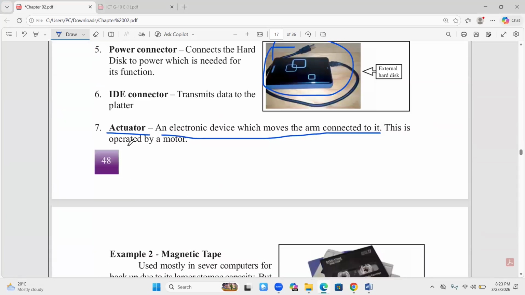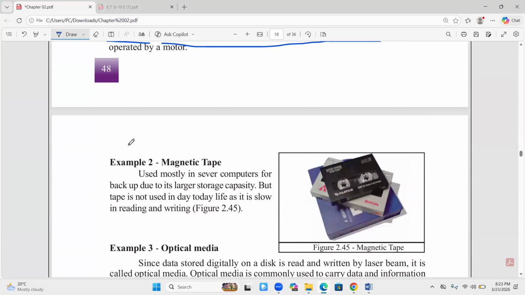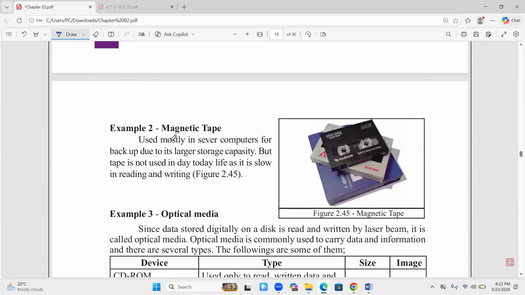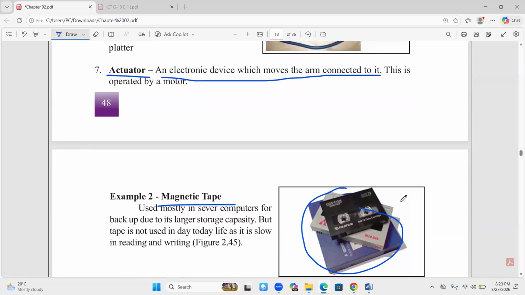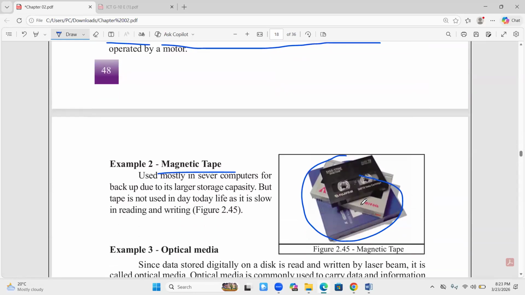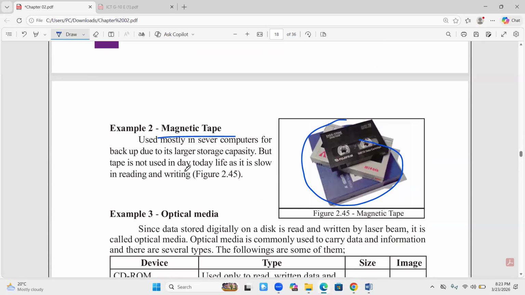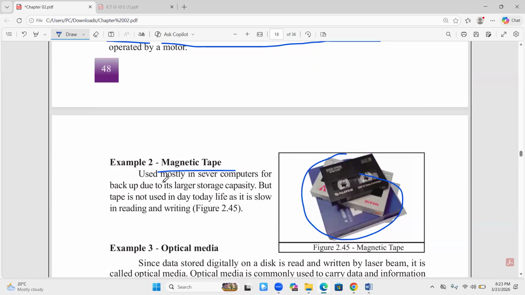The second device under the magnetic storage devices is magnetic tape, like audio cassettes and video cassettes. But nowadays we use other devices for reading and writing. Magnetic tape is used mostly in server computers for backup due to its larger storage capacity.